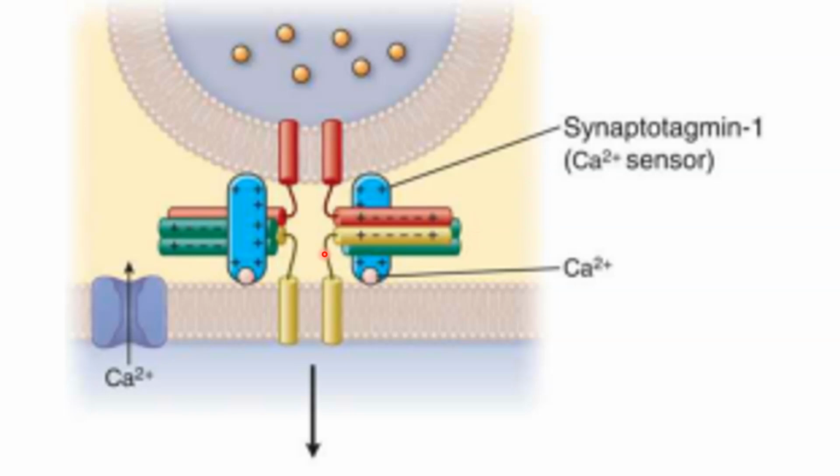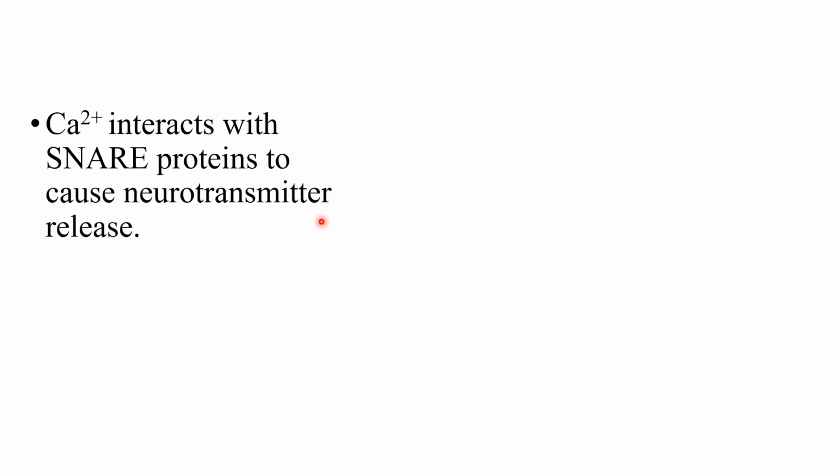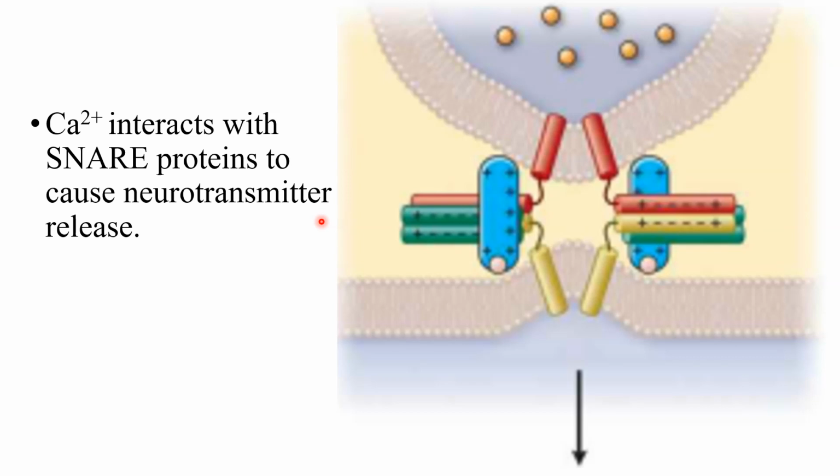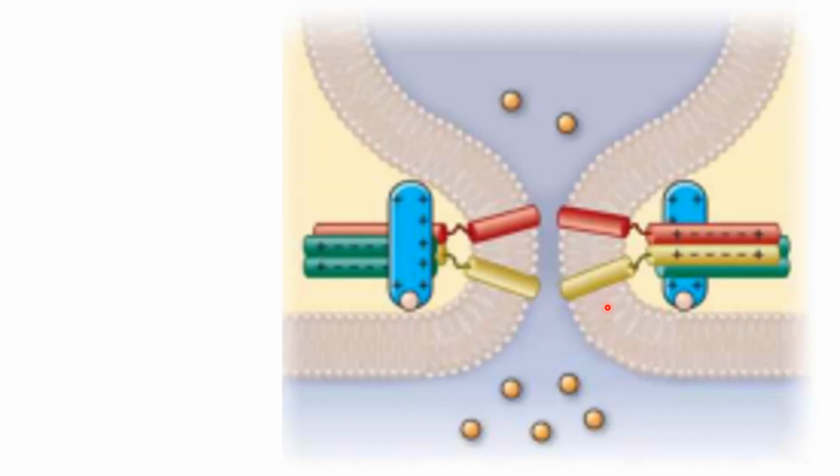When they have calcium, they will bind here. Then what will happen? They will pull it. They will cause a conformational change and cause binding of this synaptic vesicle here. In short, it is called causing exocytosis, right?